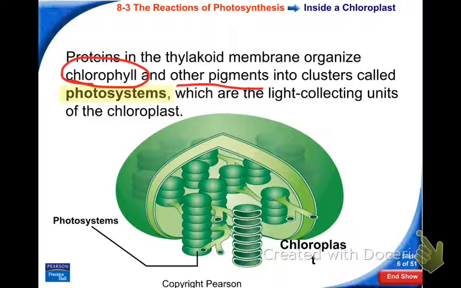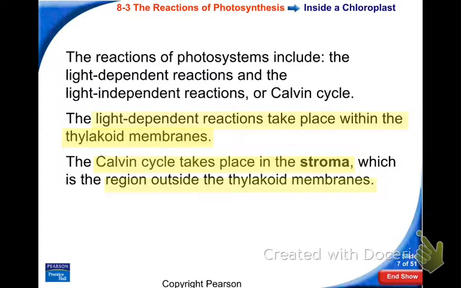And again, if I go too fast, you can pause me and even go backwards and hear me again. The photosystems are the individual sets of chemical processes that occur when sunlight energy hits the leaf, hits the chloroplast, and starts the whole process of photosynthesis.